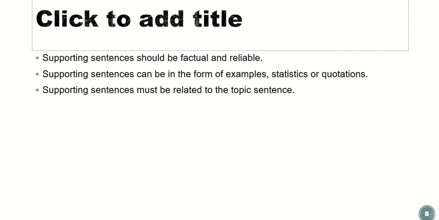Supporting sentences must be related to the topic, of course. If it is not related, then it's useless. So supporting sentences must be related to the topic sentence because they give detailed information about it.